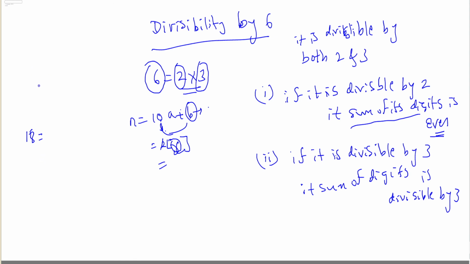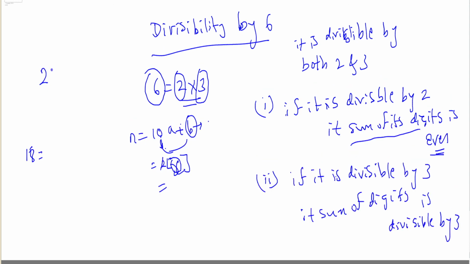But whenever we are given a big number, like 244, 8, 4, like that, this is 10A, this one is B.